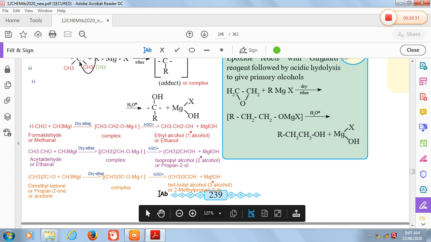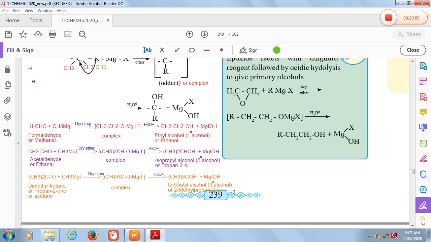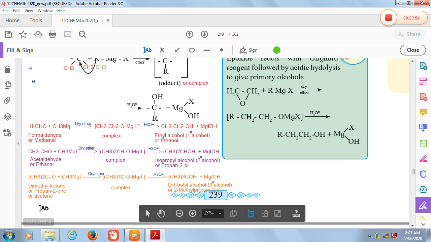So your alcohol is tertiary butyl alcohol because this carbon is attached to three methyl groups, and the class is tertiary alcohol, or IUPAC name is 2-methylpropan-2-ol. So if we choose a ketone such as dimethyl ketone, then we get tertiary alcohol.